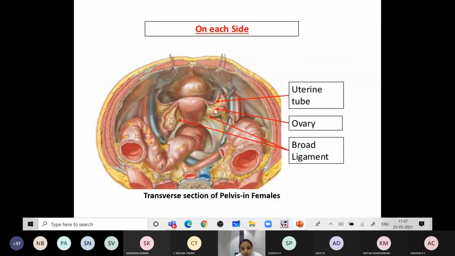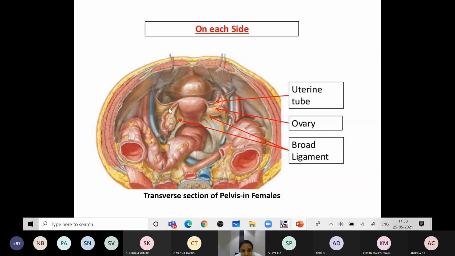This is the transverse section of the pelvis in the case of females. You can see from the rectum it covers the posterior part of the vagina, then the body of the uterus and fundus, covers all around, reflected over the uterus, the bladder, then to the anterior abdominal wall.